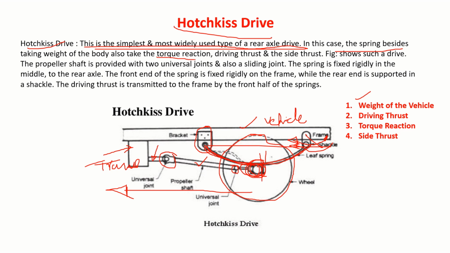Also takes the torque reaction. Then takes the driving thrust. Takes the side thrust while rolling. Torque reaction, driving thrust, side thrust. Okay, so this is what exactly it is going to take. Let me explain what we mean by vehicle weight, driving thrust, torque reaction and side thrust.